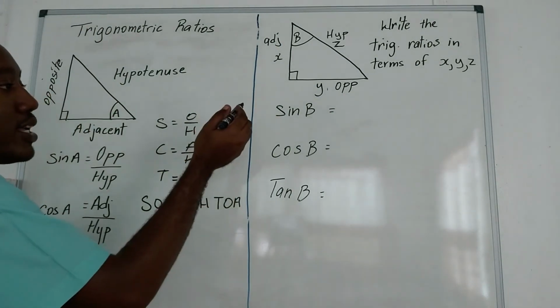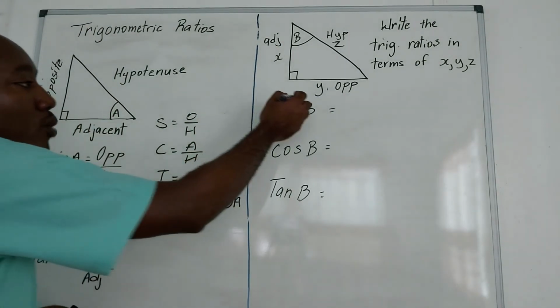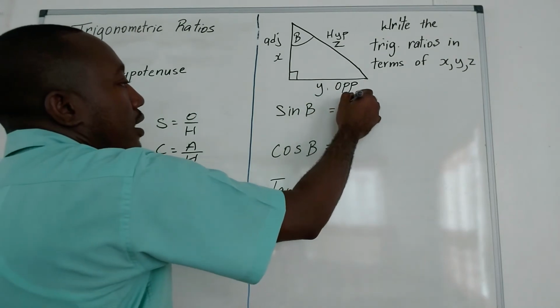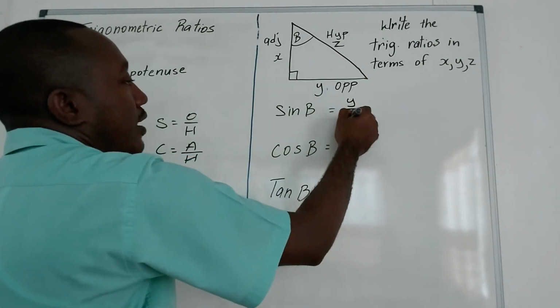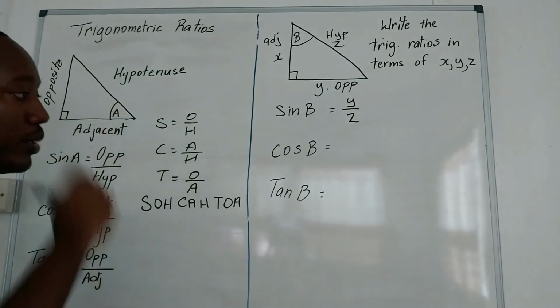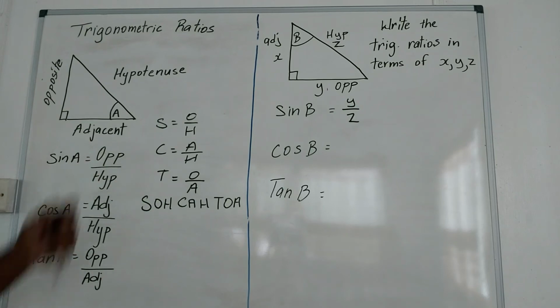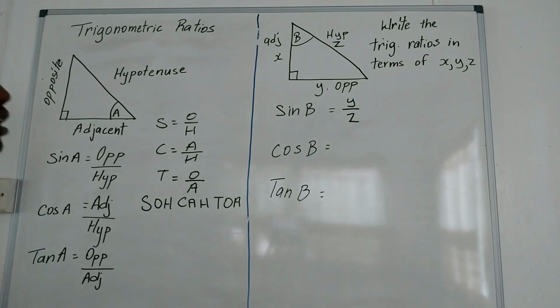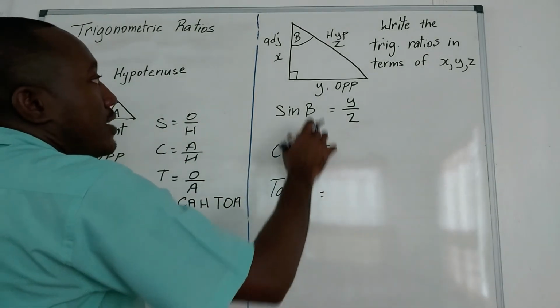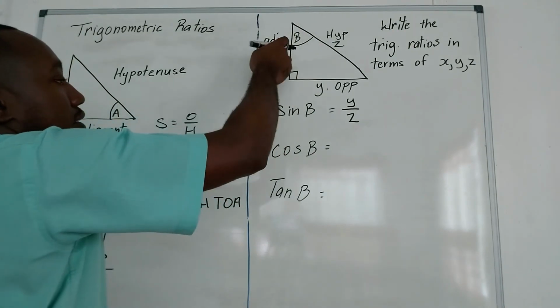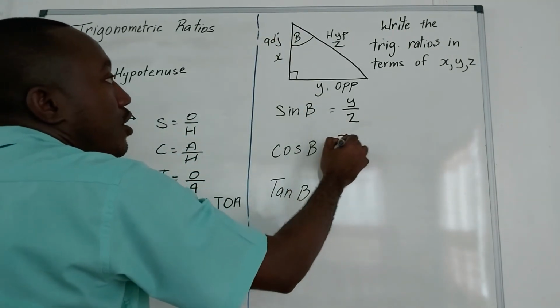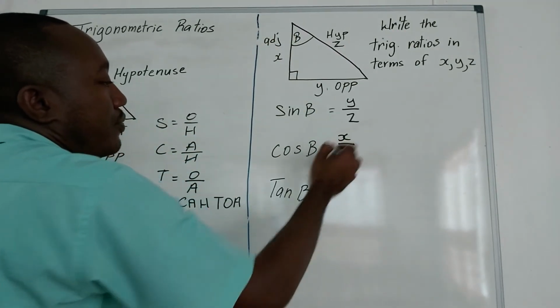Which letter represents the opposite? Y. So y over z, that will be sine B. Cos B will be the adjacent over the hypotenuse. The adjacent runs alongside, so that will be x over z.